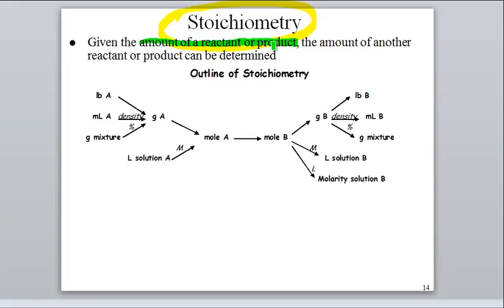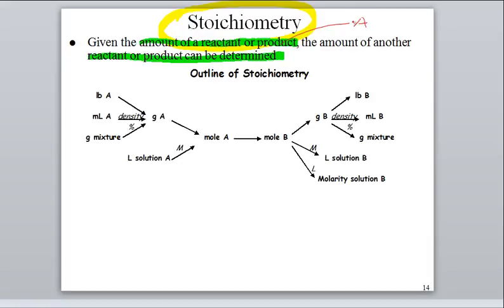And you're trying to figure out how much of a reactant or product is either produced or used up. When we do this, the one we're given information about, we're going to call our A molecule. So as you read the story problem, you're given some information and you're going to label that chemical as our A.